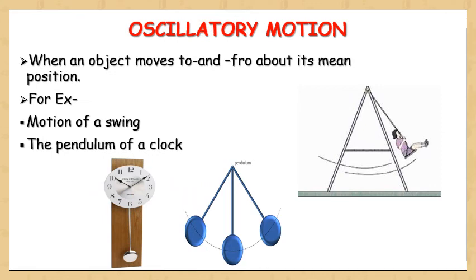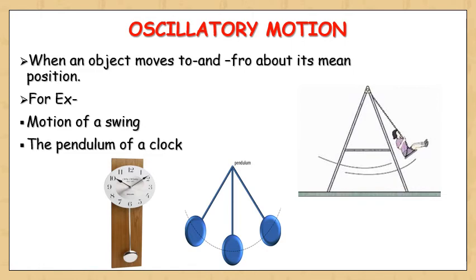Now, next we will study oscillatory motion. Students, in oscillatory motion, an object moves to and fro, or back and forth, about the mean position. What is the mean position? The mean position is the rest position.